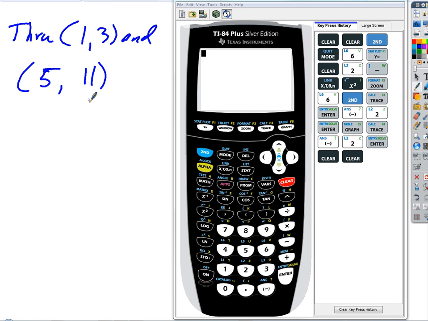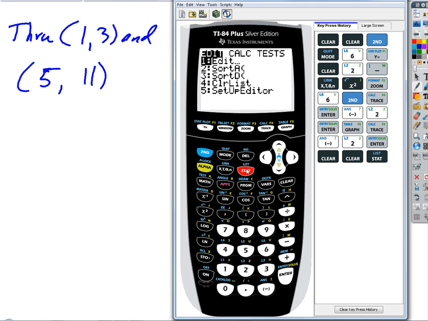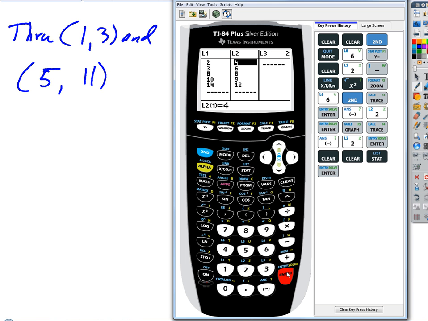If I want to find the equation of the line through those points, of course algebraically we know how to do that. I'll calculate a slope from the points, and plug in one of the coordinates, the x and y values, to solve for b. We can do this algebraically, but there's a great trick on the calculator. If I go stat, edit, and put in these two ordered pairs, the x and y values, just like I would for regression.